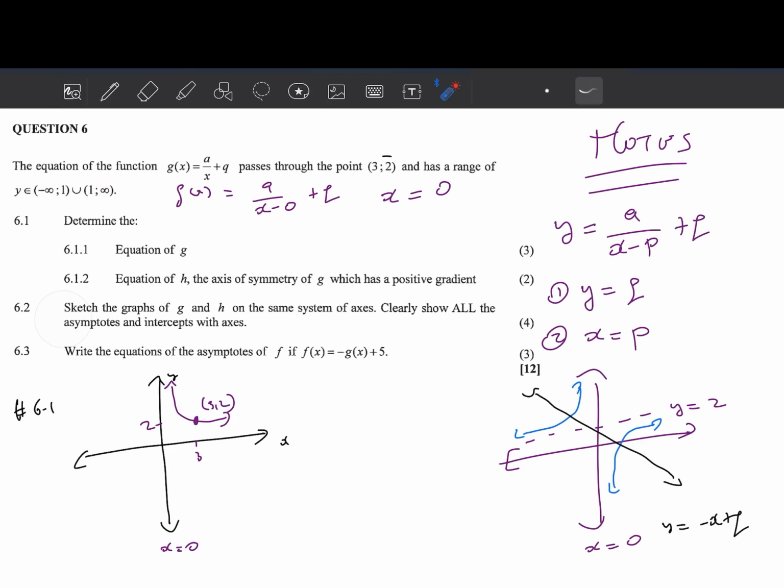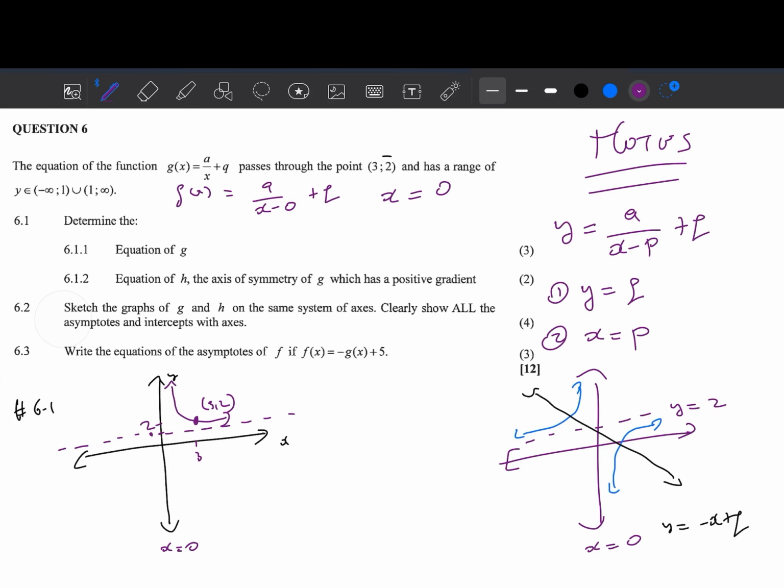It means our y value goes from negative infinity up to 1, and let's say this is 1, it reaches 1 but doesn't touch it, because that's what a horizontal asymptote is. A horizontal asymptote is a line the graph won't touch, and then from 1 it moves again to infinity. So at positive 1 it doesn't touch. This is our horizontal asymptote.